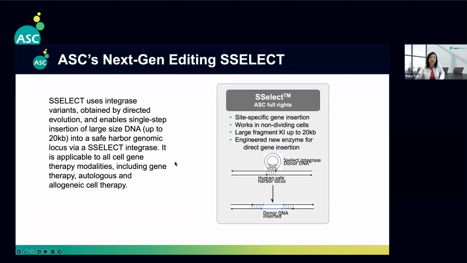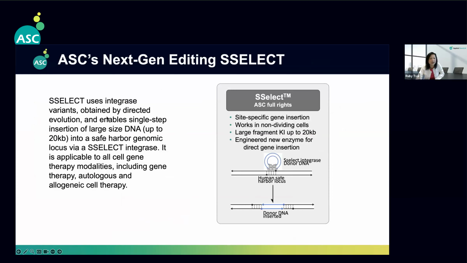So now I really want to share with you a very exciting next generation technology called SELECT. This is something I mentioned when I was talking about PASTE, that basically this one enzyme does almost everything that the PASTE enzyme with the 3 components is doing, right?